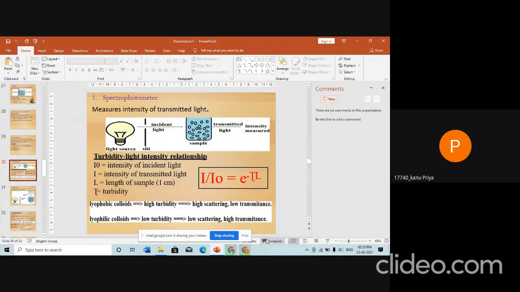If the amount of dispersed solid is high, more light is scattered and transmitted light will be of less intensity. This is the relationship between turbidity and light intensity. Lyophobic colloids give high turbidity because of high scattering and low transmission, and lyophilic colloids give low turbidity because of low scattering and high transmission.